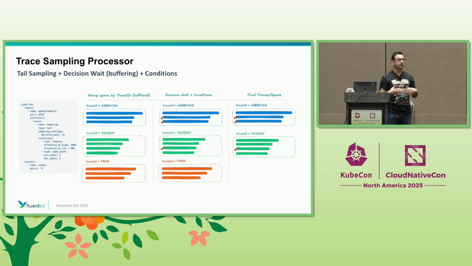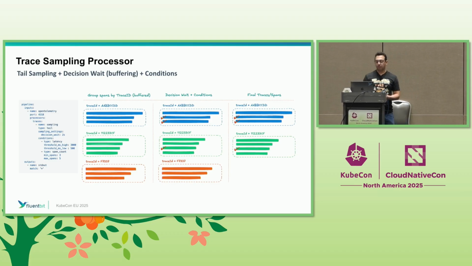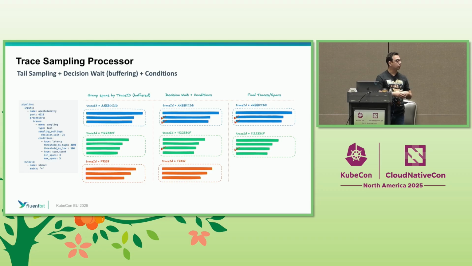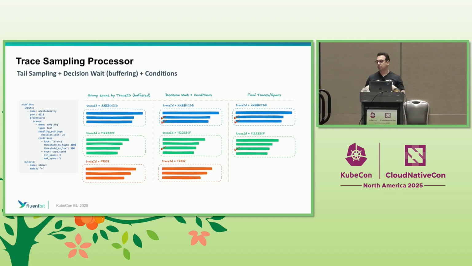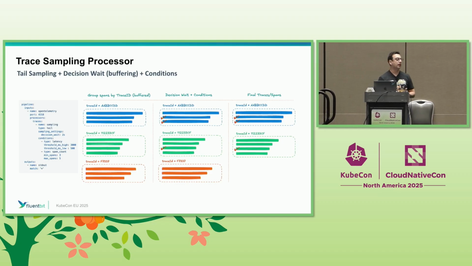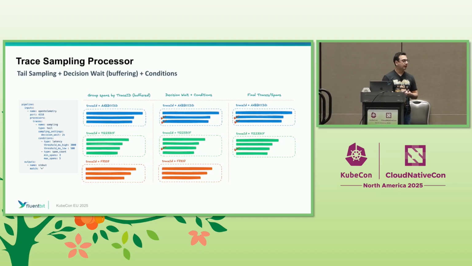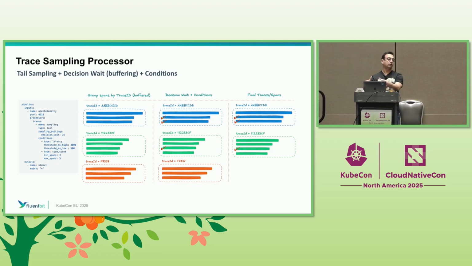Otherwise, I'm going to discard the data. And tail sampling is really expensive because you have to store the data in memory and analyze the traces. Well, in the Fluent Bit world, we like to do things in a very efficient way, and we always think it's good for users to have choices. So you can do this with the OpenTelemetry collector, or you can do it today with Fluent Bit.